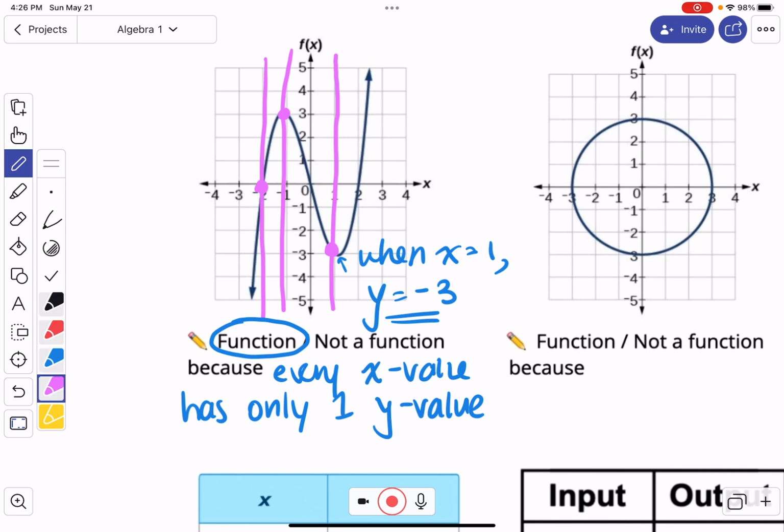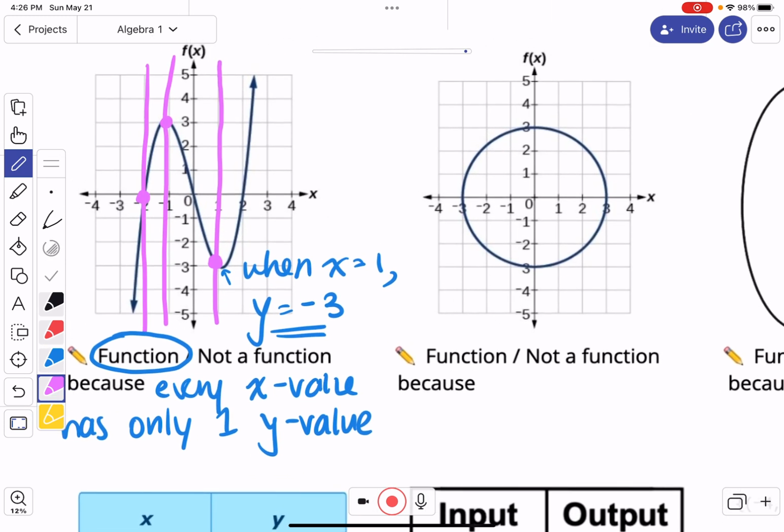Let's also take a look then at the graph that's right next to it. If we use the vertical line test here, when I draw a line, I'm going to notice that that line is going to hit my graph in 2 points. It doesn't matter anywhere here, wherever I draw those lines, they're going to hit my graph in 2 points.